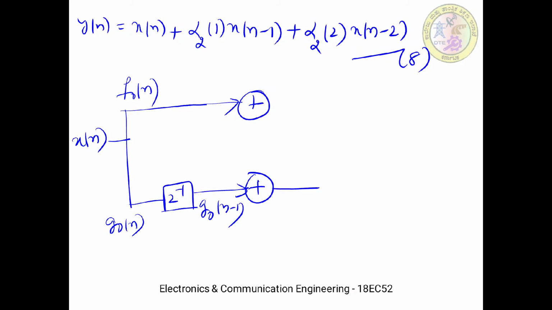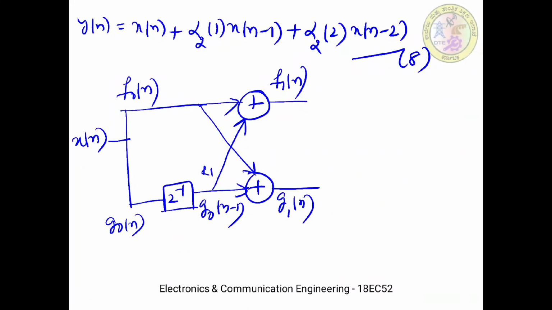Now we have two outputs, one is f1 of n, which is obtained by adding f naught of n with g naught of n minus 1 multiplied by the k1 weight. Similarly we have the other output g1 of n.